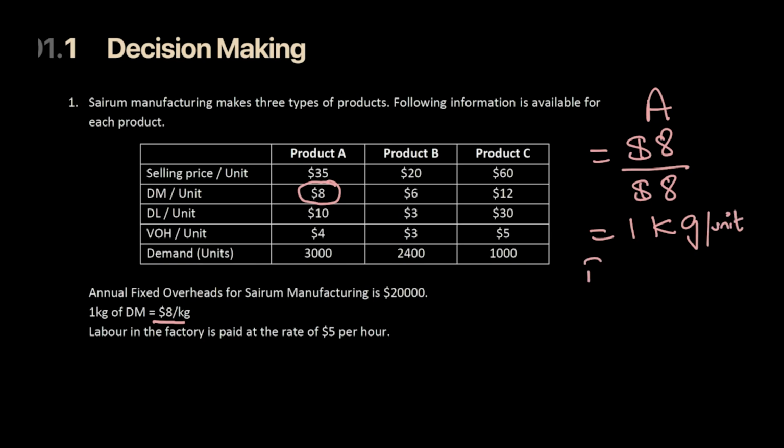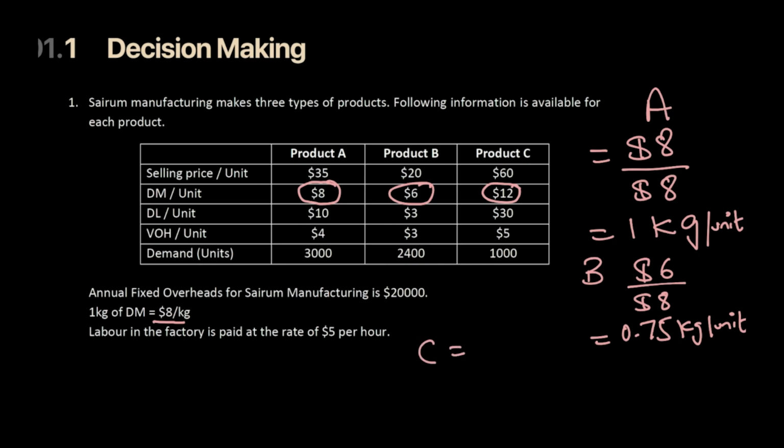I can do the same for B, that is $6 of raw material and 1 kg is worth 8, so B consumes 0.75 kg per unit. And if you do that for C as well, the raw material cost is 12, so for C, 12 divided by 8 is 1.5 kg per unit.